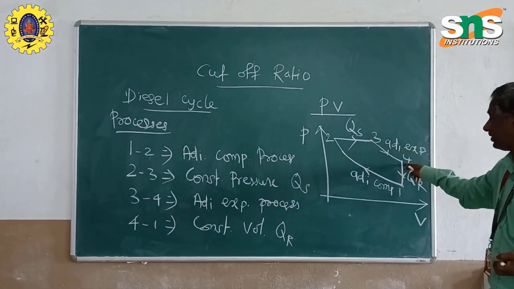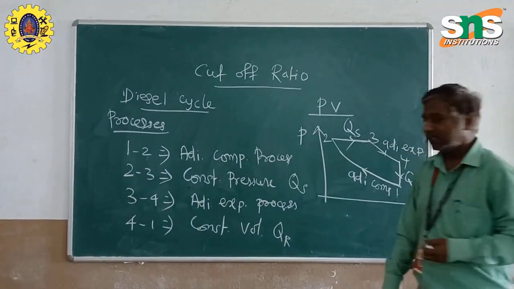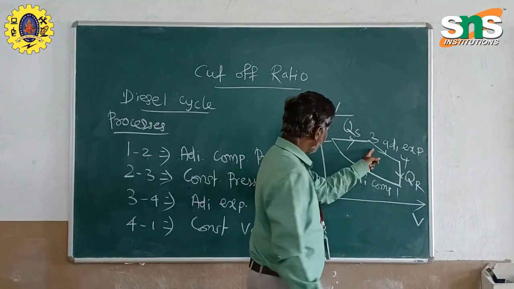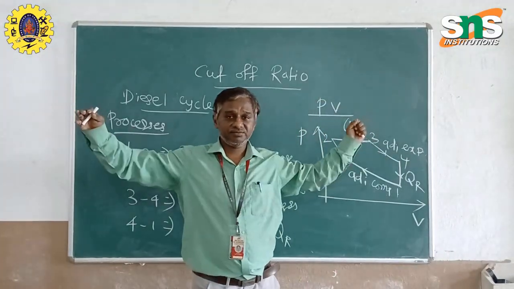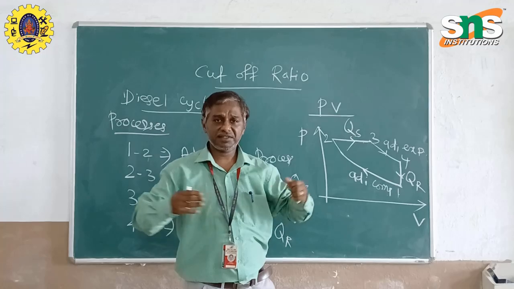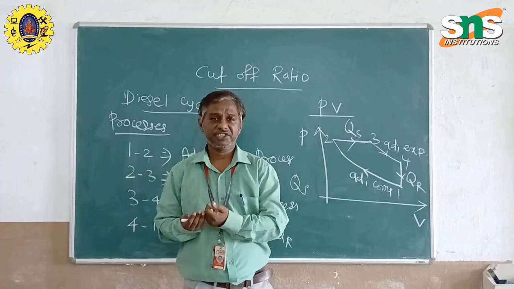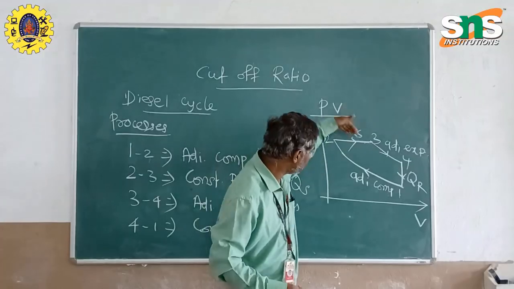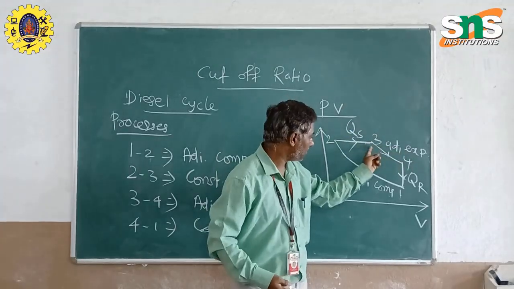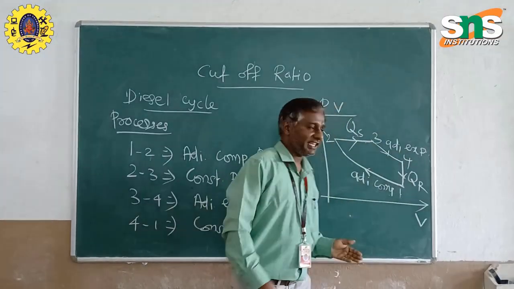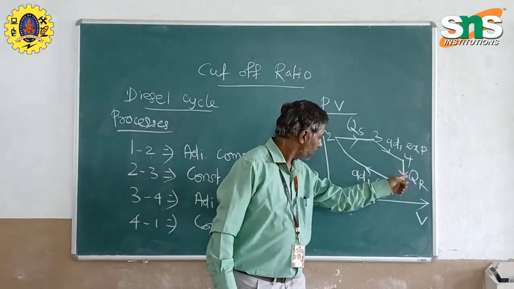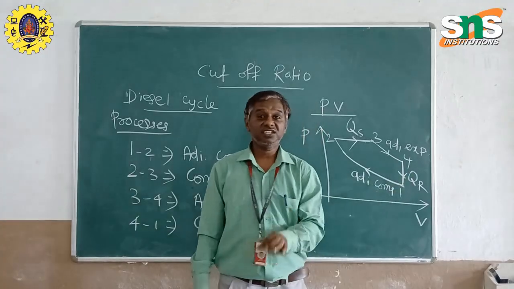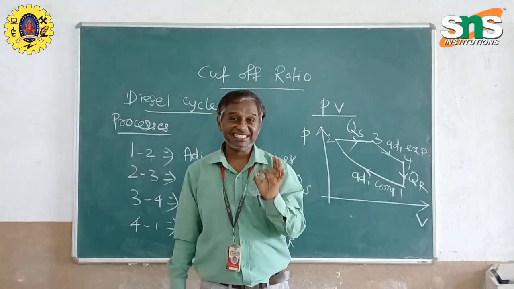And 3 to 4 is an adiabatic expansion process, so the volume gets expanded. At the same time, if the volume expands, what happens to the pressure? The pressure decreases, so the pressure goes in the downward direction while the volume goes in the horizontal direction, increasing. Then 4 to 1 is constant volume heat rejection.